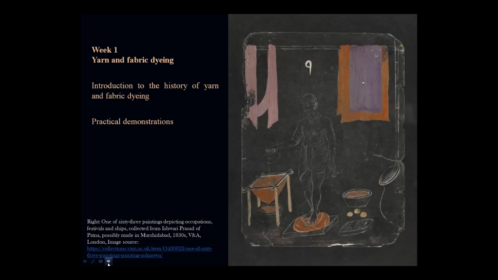Now, what we see here in terms of textual records, or in terms of sculptures, because sculptures are tangible and not as malleable as textiles, is that from a very early part of history there are records of textile making, yarn dyeing and dyeing of fabric.